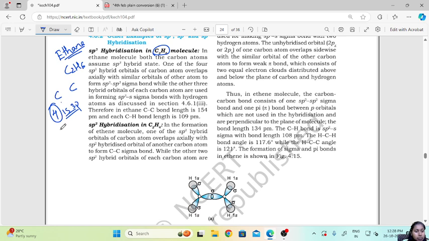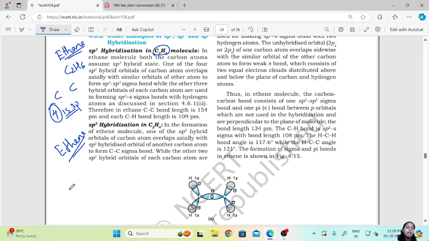Now, the second example, for sp2 hybridization, is ethene. For sp2 hybridization, they form double bonded molecules, that is ethene. In the formation of the ethene molecule, one of the sp2 hybrid orbitals of a carbon atom overlaps axially with the sp2 hybridized orbital of another carbon atom to form a CC sigma bond.